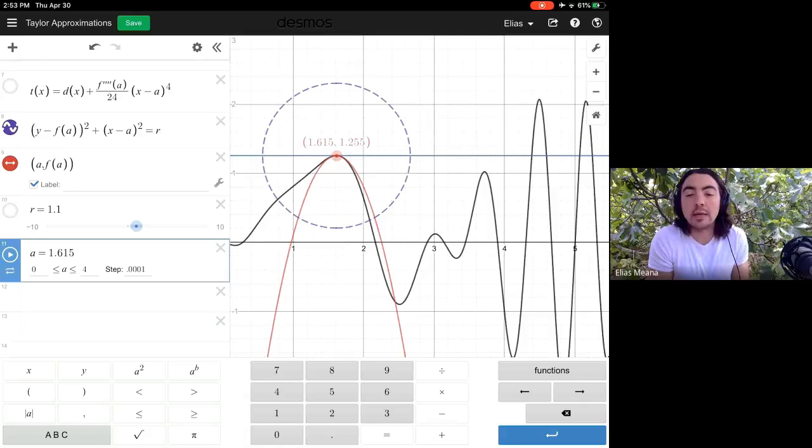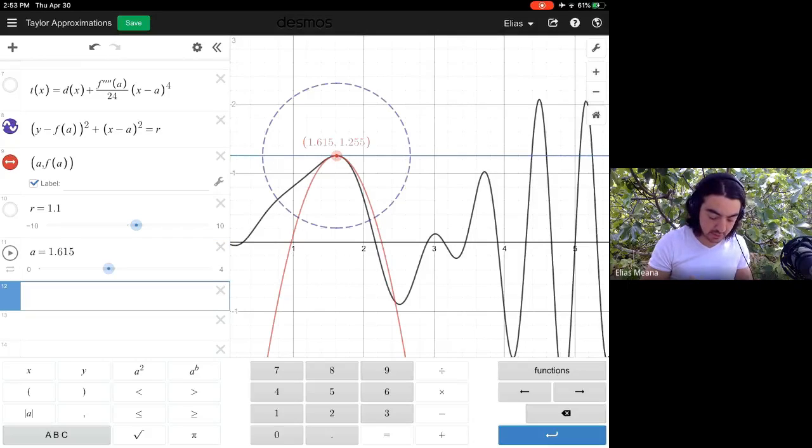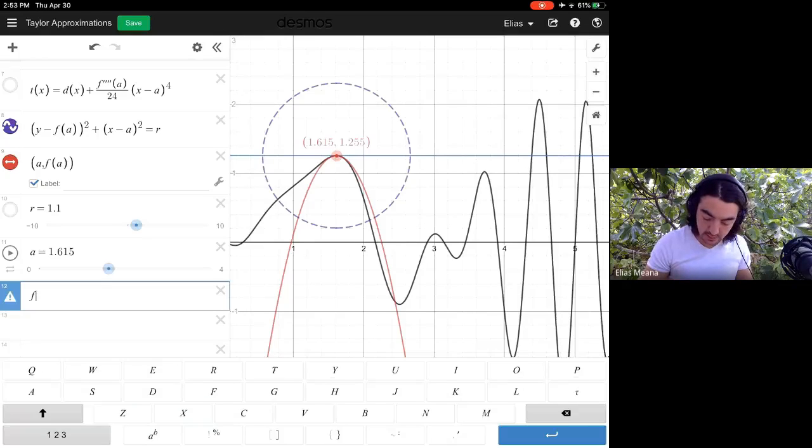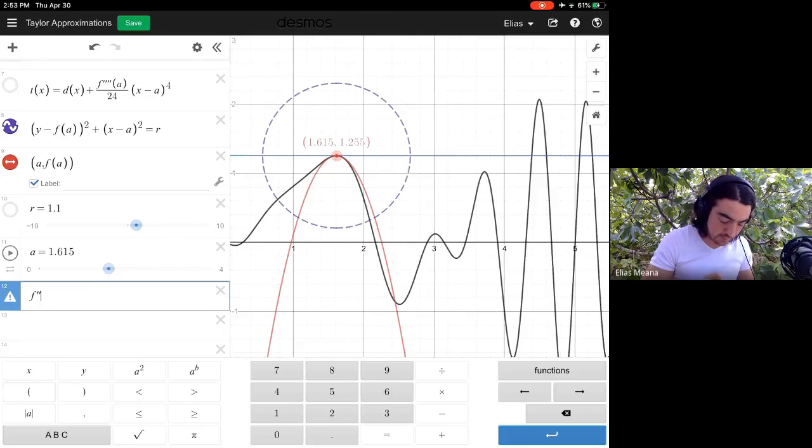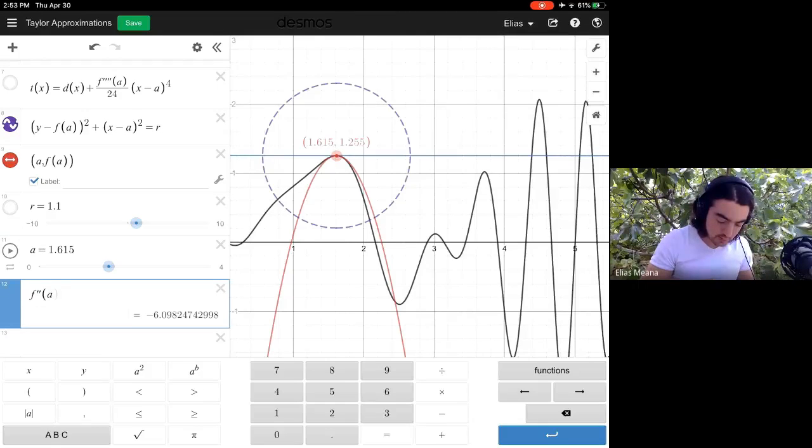In the case where it's a negative second derivative, I'll actually plug in the value of the second derivative at that point too. It's f double prime of a. There our second derivative is minus 6.09, or minus 6.1, and so it's got to be a frowny face, and so it's got to be a maximum.